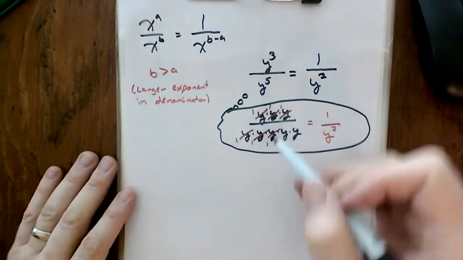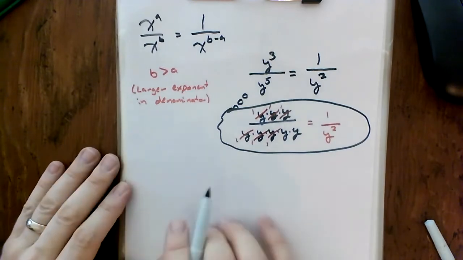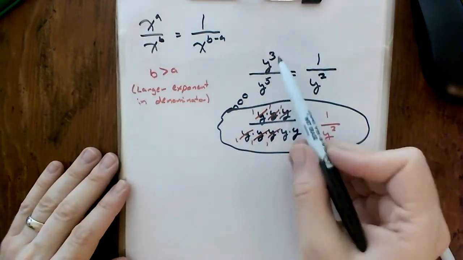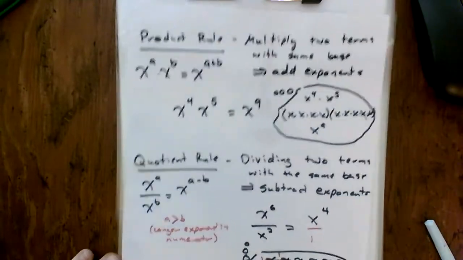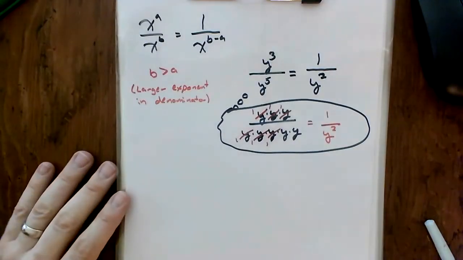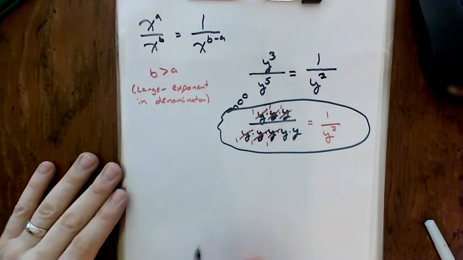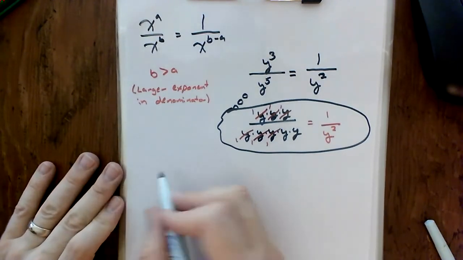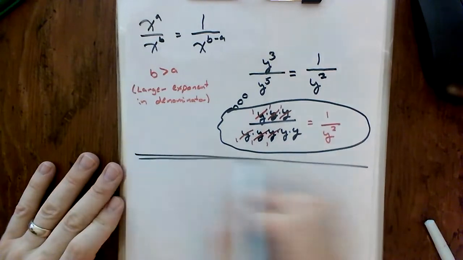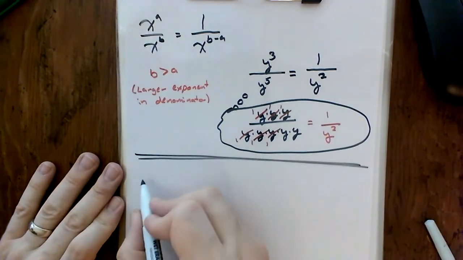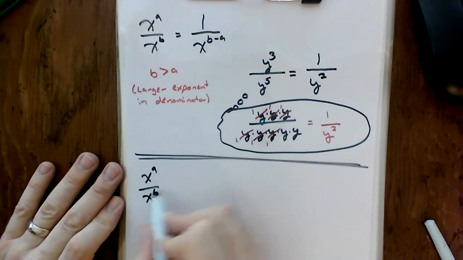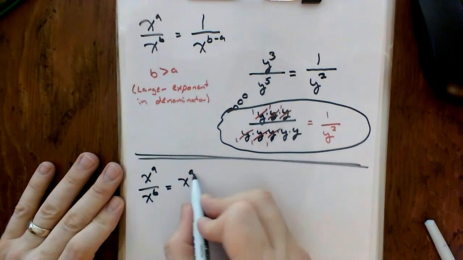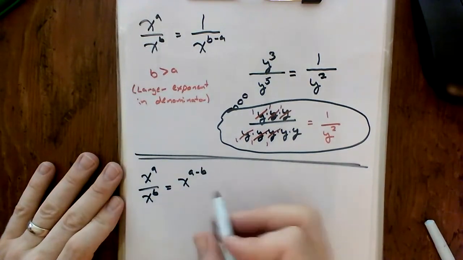Now, from this, if folks have figured out, wait a minute, can I still just do this subtraction as I normally would, could I still do this a minus b? We sure could. And this brings us to one of our first things, and this is with a negative exponent. If I've got x to the a over x to the b, we could still do this x to the a minus b anytime.